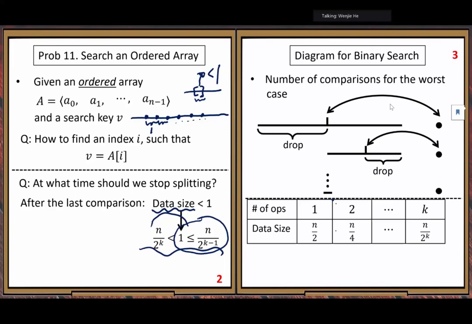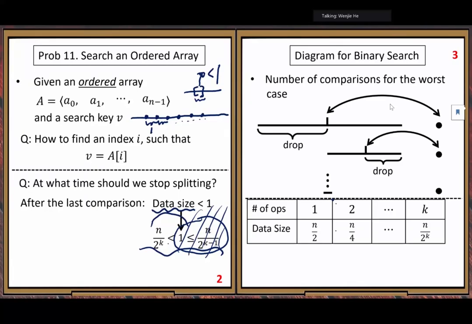Otherwise, think about it. If we do not add this part of the inequality, what would happen? Then you can make that k as large as possible, right? So you won't get the minimum number of comparisons for the worst case, because our goal is to find the minimum number of comparisons for the worst case.